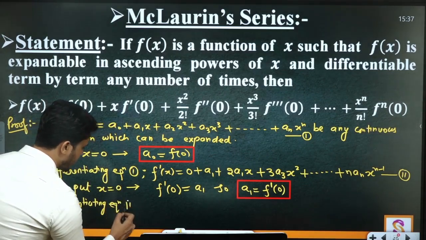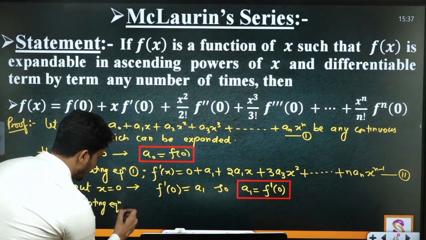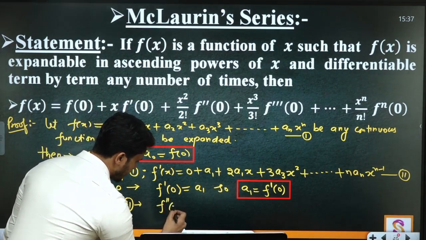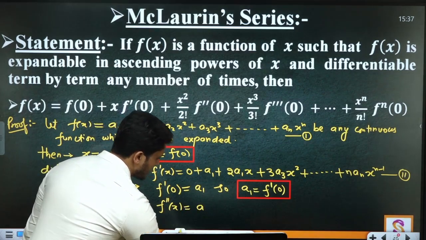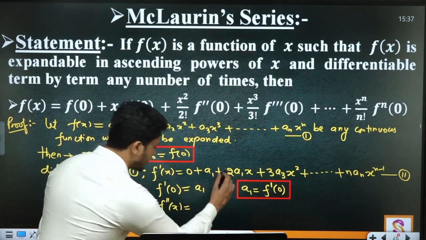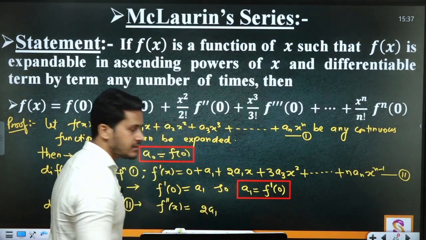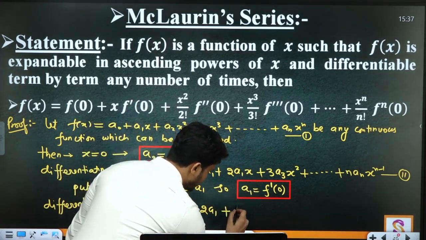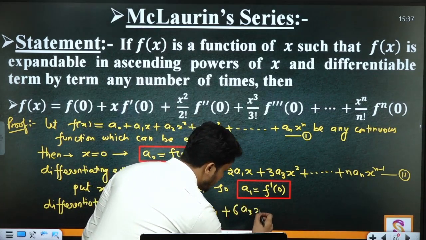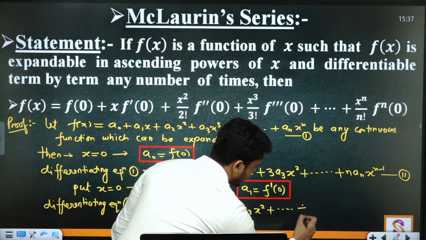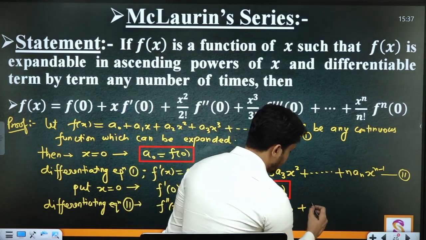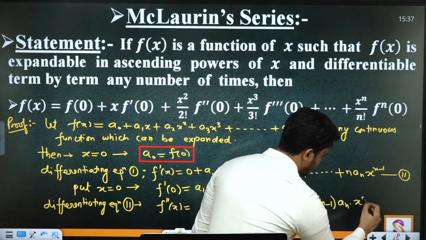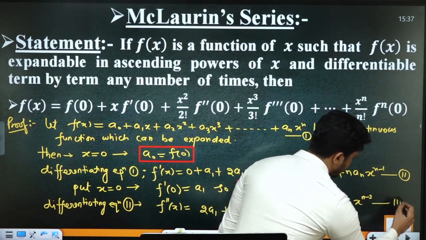Okay, differentiating equation 2, after differentiating you will get f''(x) is equal to 2 a2, the derivative of x is equal to 1, then 6 a3 into x, and then the last term you can differentiate it, n into n minus 1 an x to the power n minus 2, like this, equation number 3.